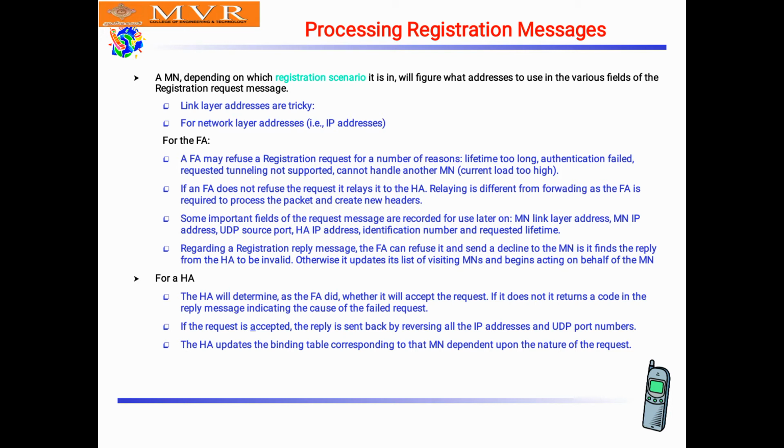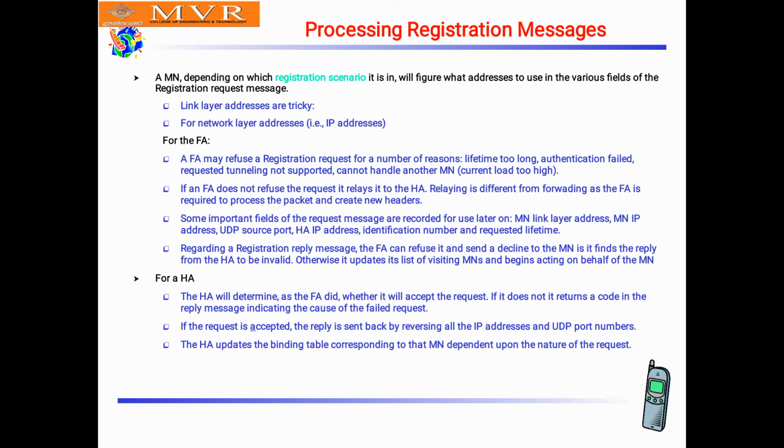A foreign agent may refuse a registration request for a number of reasons. For example, if the lifetime is too long, the authentication has failed or is wrong, or it cannot handle any more mobile nodes, or some other reasons, the request is refused.